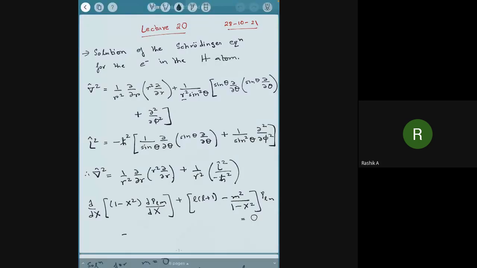So we were trying to solve the Schrodinger equation for the hydrogen atom. And as I have mentioned before, it involved a lot of steps. So I'll just go through what we've already done.